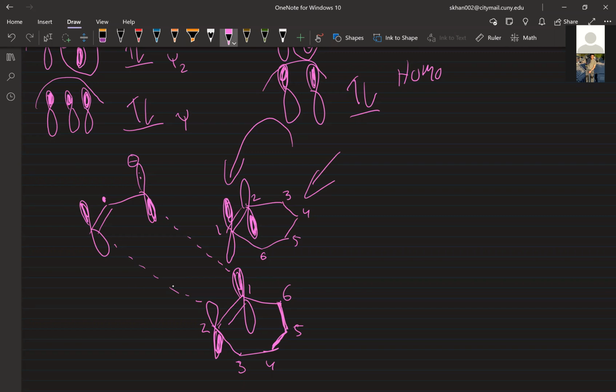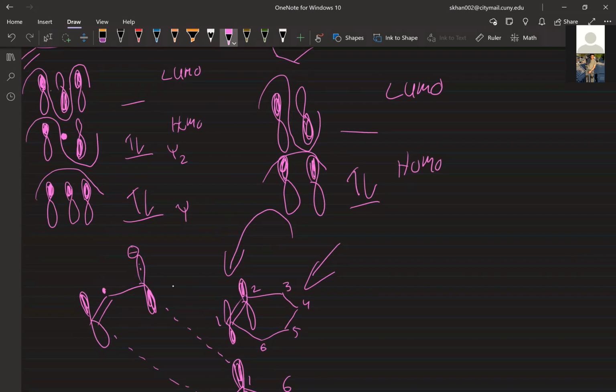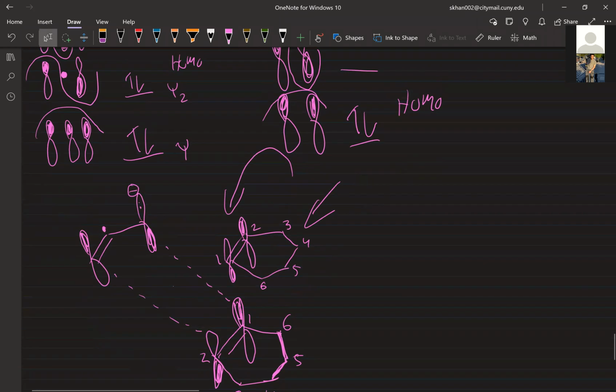What was the purpose for flipping it? I'm sorry. Just to check to make sure that if I drew it the other way, it would line up. The main reason I'm showing this is that I could have just done it correctly to begin with, like this and this, that's it. But if you picked these orbitals like this, you might have drawn it the other way, right?